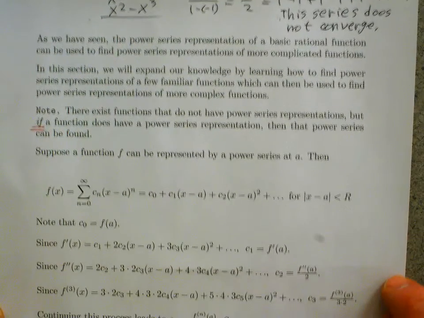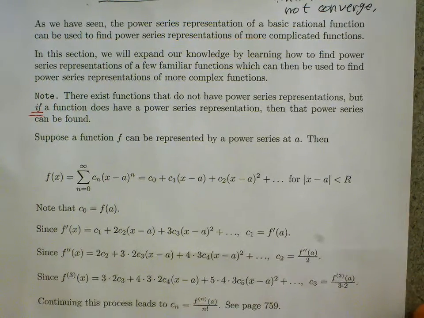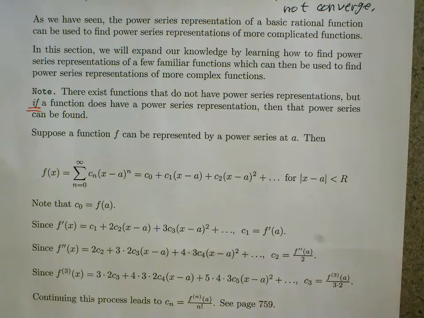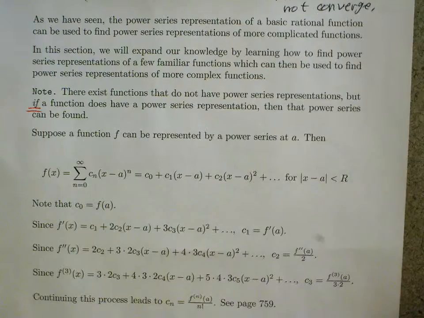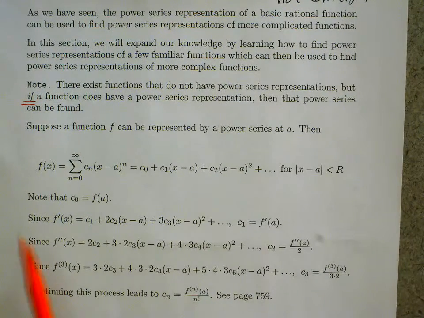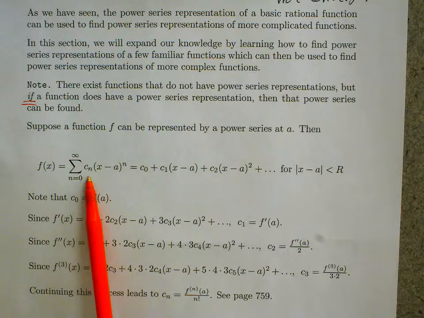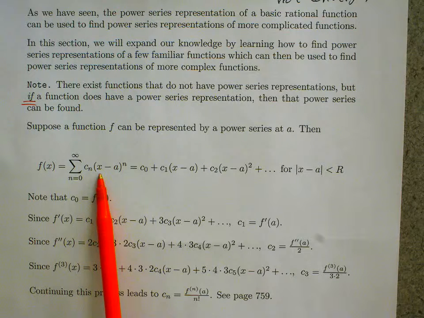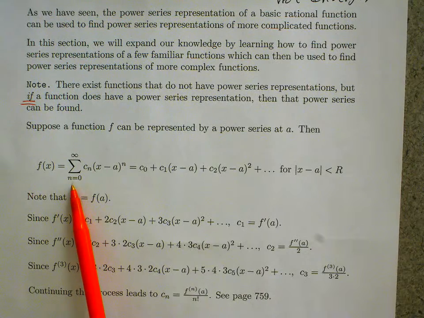So we will begin by supposing that a function f can be represented by a power series at a. So what does that mean? If f of x is equal to a power series at a, then it's equal to the sum. The terms are c sub n times the binomial x minus a to the n, as n ranges from 0 to infinity.